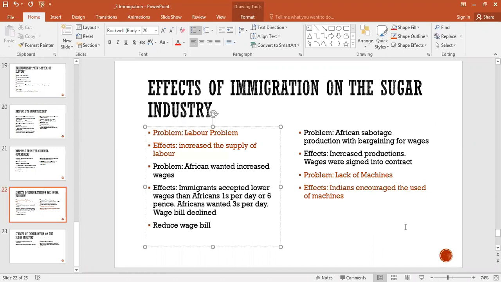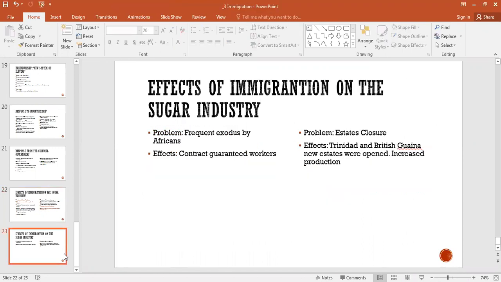So sugar production is going to increase significantly. And in some territories, like Trinidad and British Guiana, new plantations with new sugar estates are going to open because a lot of Indians are coming. You have a lot of workers, they're going to open a lot of estates.